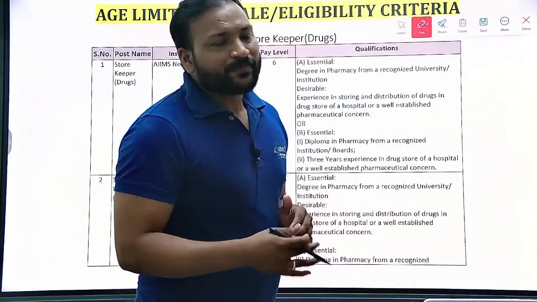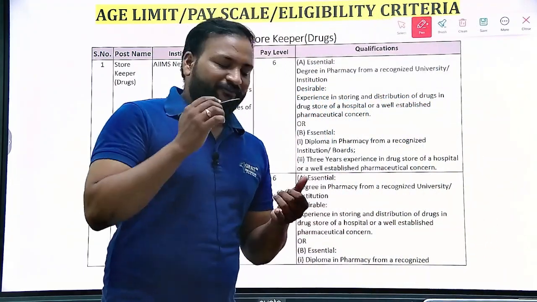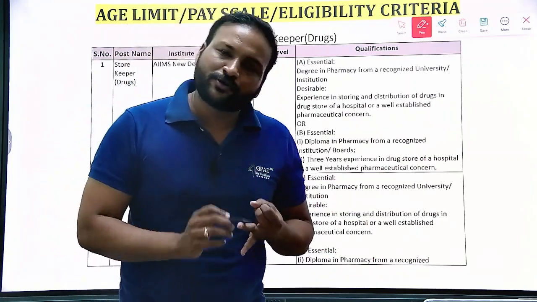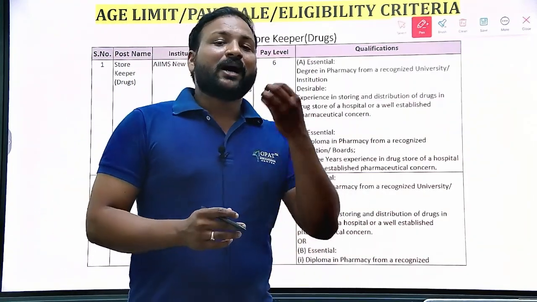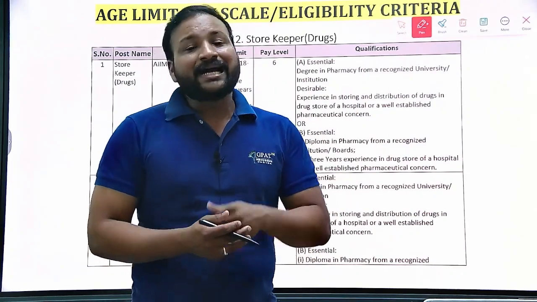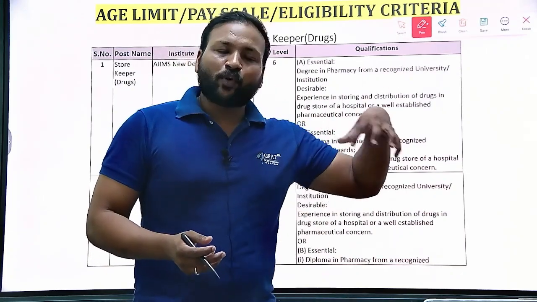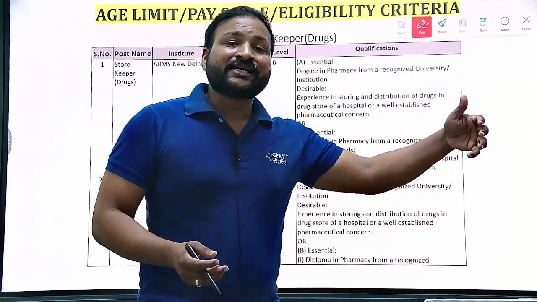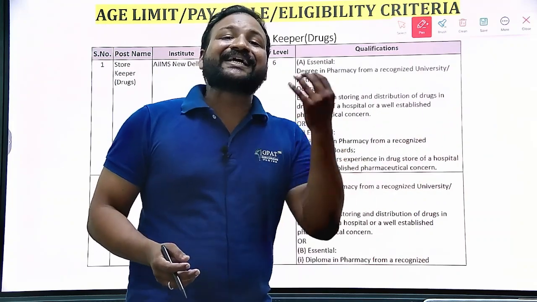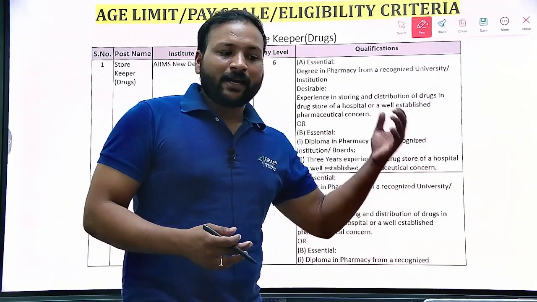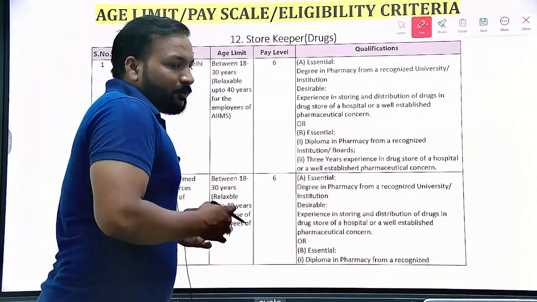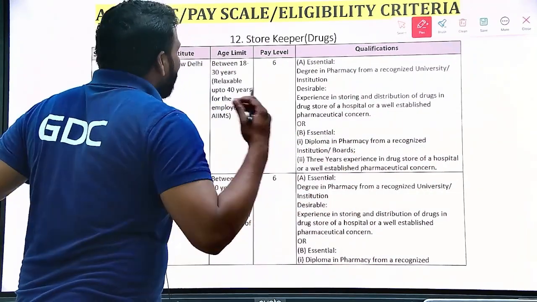This notification includes pharmacist of allopathy, pharmacist of homeopathy, Ayurveda, storekeeper, as well as pharmacist grade 2 and dispensing agent. These posts and different institutes require different age criteria and eligibilities. So let us see. Please carefully remember, and then place your application accordingly.